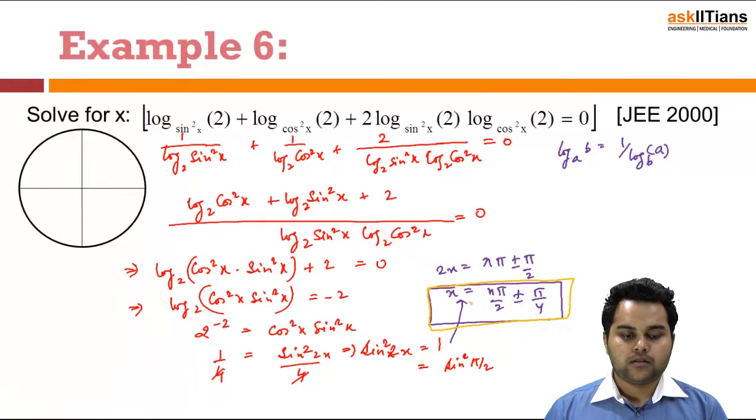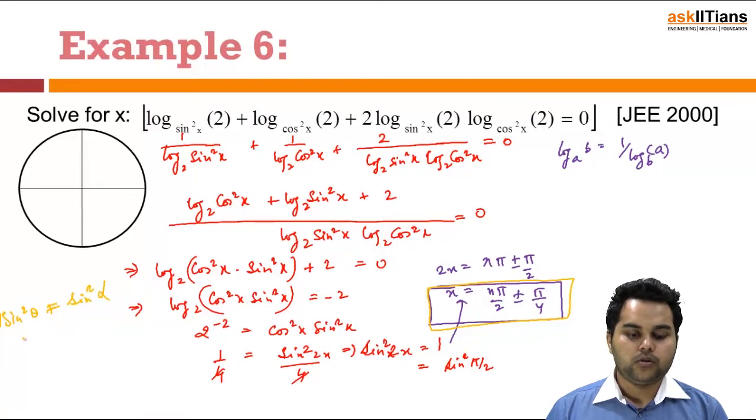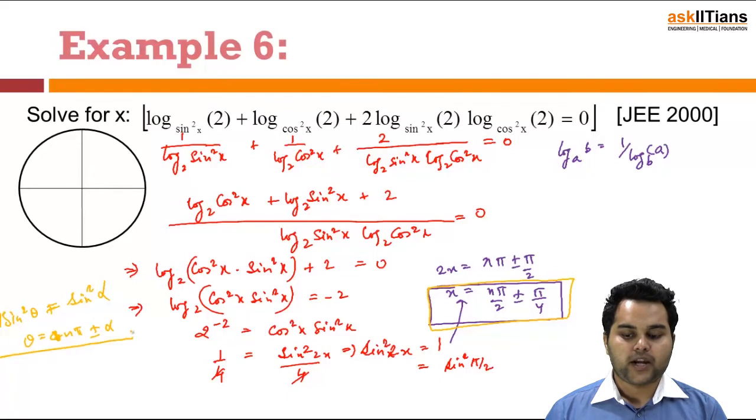As for cos square theta equal to cos square alpha, the solution was theta is equal to 2 n pi plus minus alpha. So this is applied, and hence we get this solution.